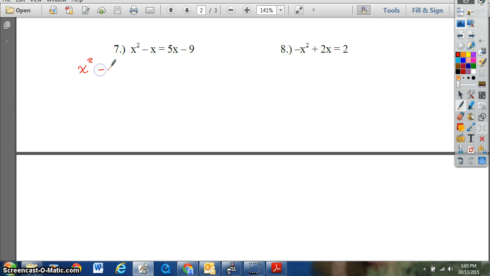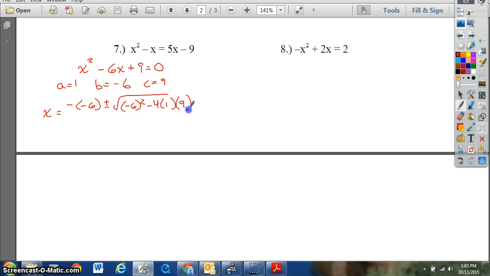So I'm going to set this equal to 0 quick. Move everything over to one side. That's what you would get. C is 9. So x equals negative negative 6 plus or minus square root of negative 6 squared minus 4 times 1 times 9 all over 2 times 1.